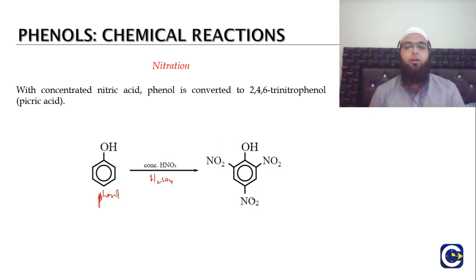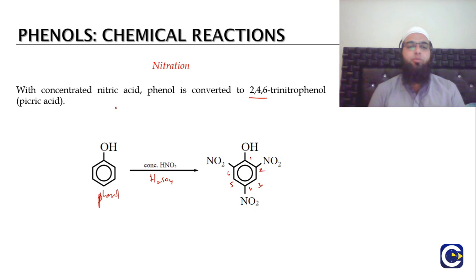We will obtain 2,4,6-trinitrophenol. This is position 1, 2, 3, 4, 5, 6. So this is 2, 4, 6 trinitrophenol, a polysubstituted phenol.